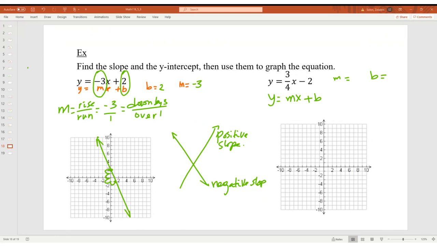You guys tell me m and b, just m and b. What is m? What is b?